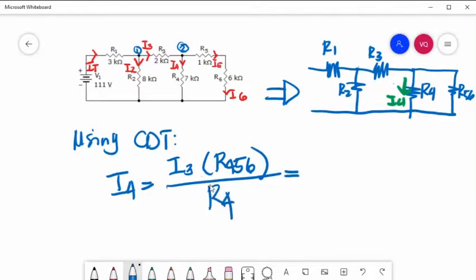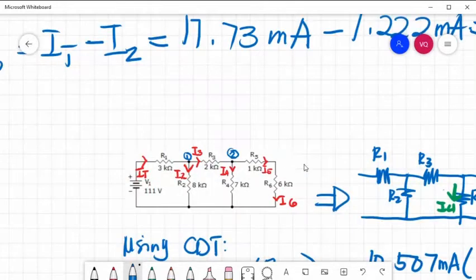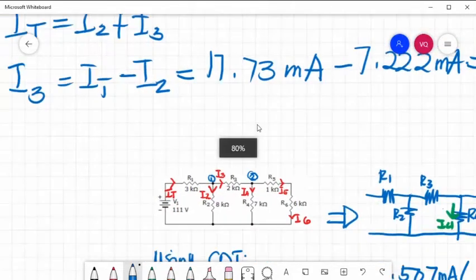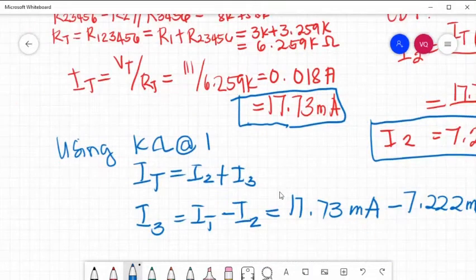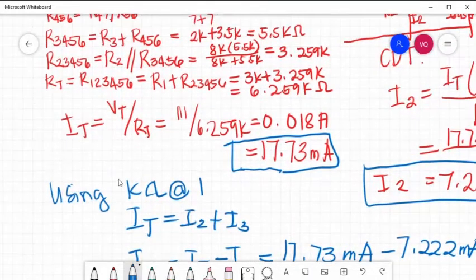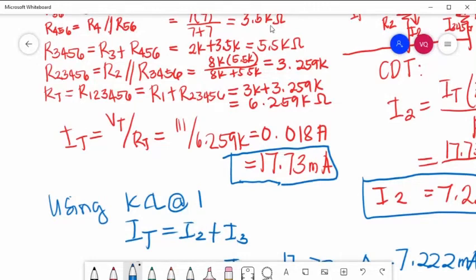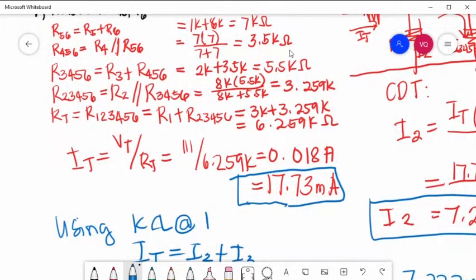So, I3 is equal to 10.507 milliampere times R4, 5, 6. So, nasolve na natin kanina yung R4, 5, 6. That is equal to 3.5 kiloampere.